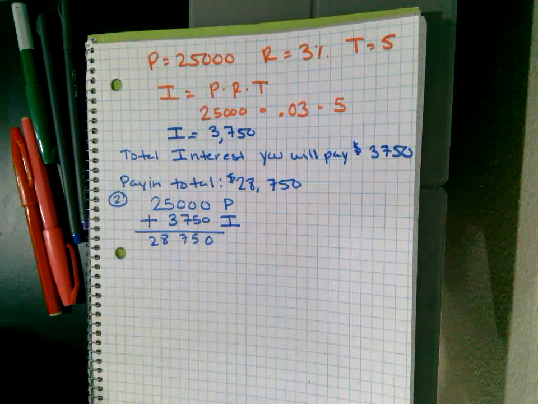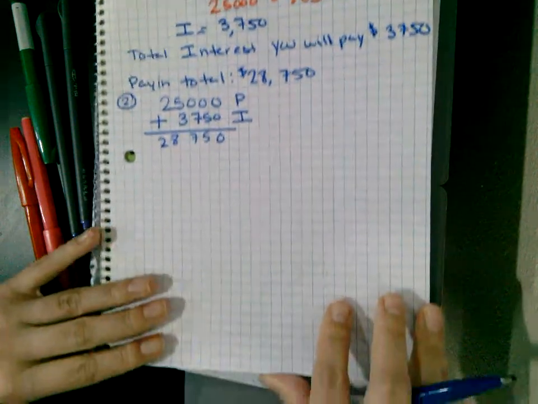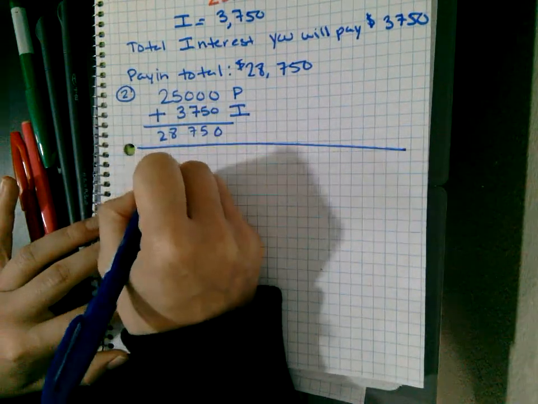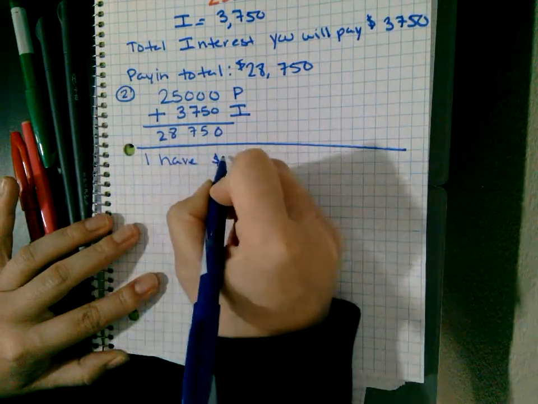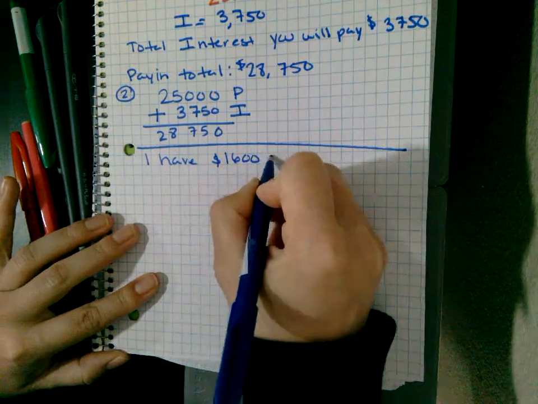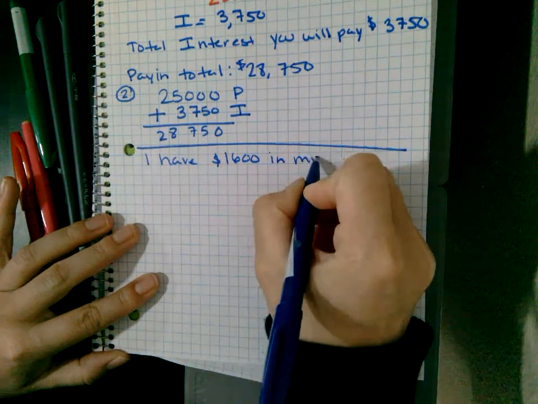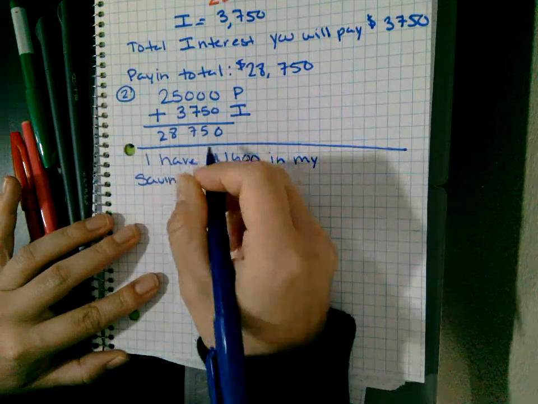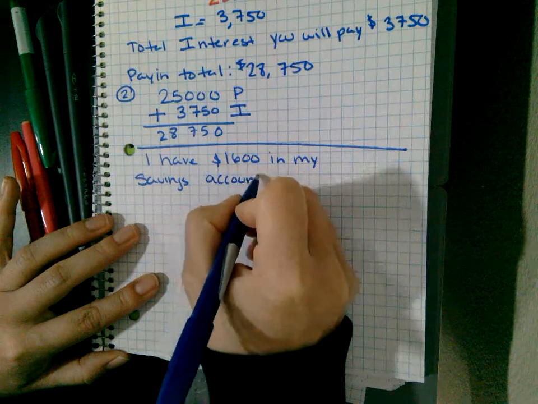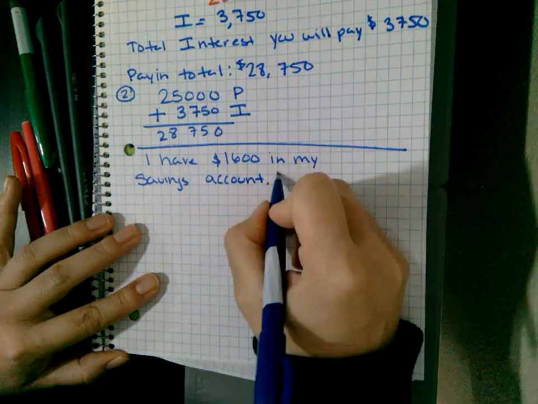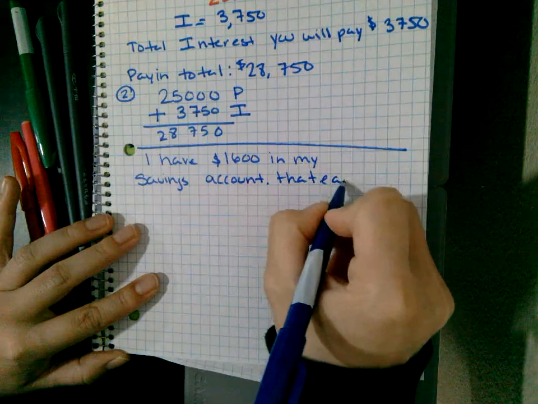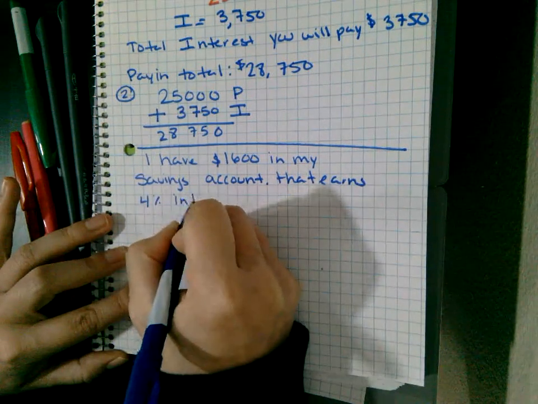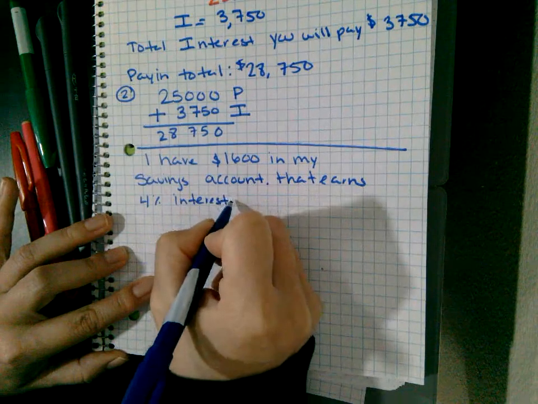All right, let's do another one. I have $1,600 in my savings account that earns 4% interest, which is a lot.